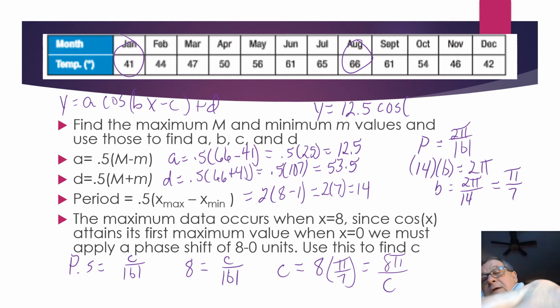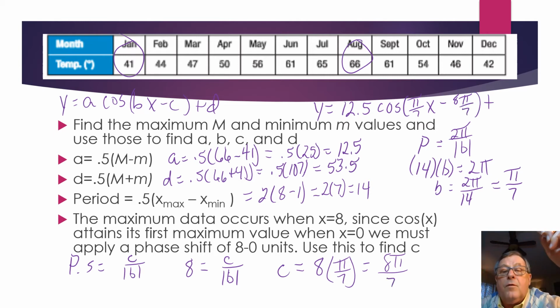B's pi over 7, pi over 7x, minus c, 8 pi over 7, close our parentheses, and then apply our vertical shift, which was plus 53.5. Now I'm going to put that in the calculator and see what I get.